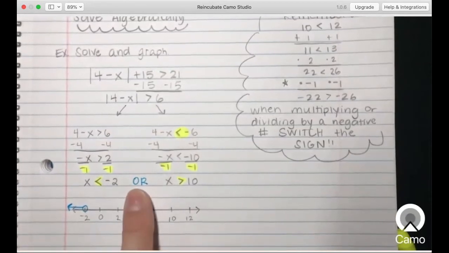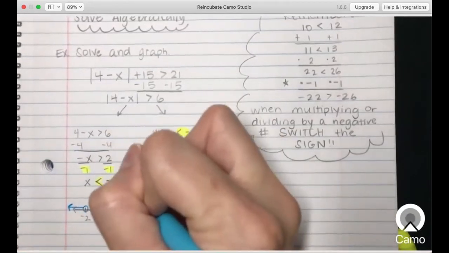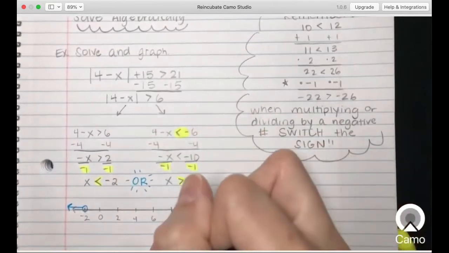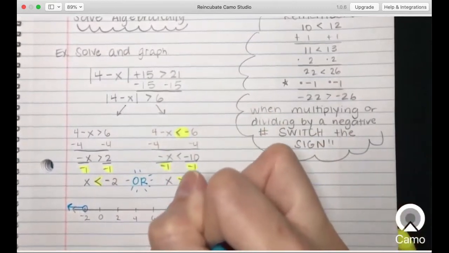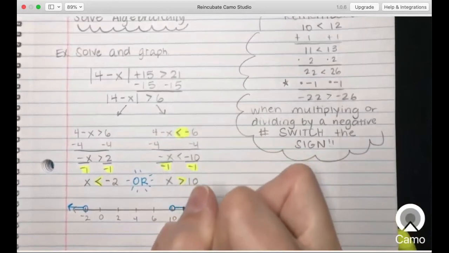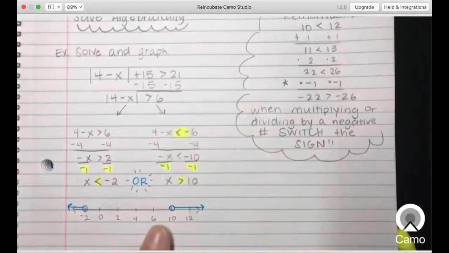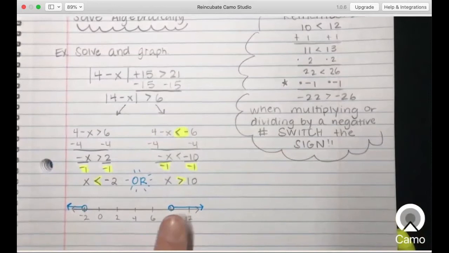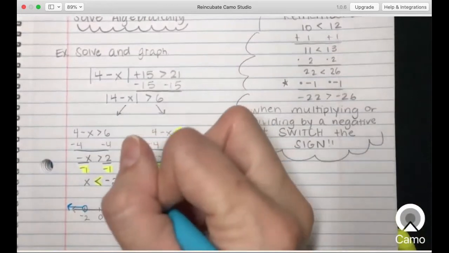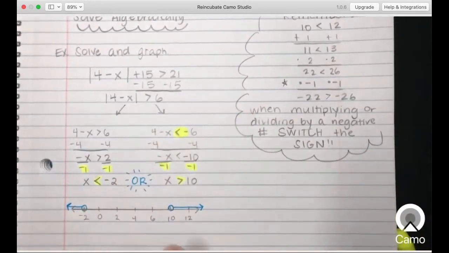Or, I should say, or we know that our numbers are non-inclusive to 10, and they can be greater than 10. So this is why, again, it looks like an or, because we can be over here, or we can be over here. We can't have a number satisfying both of these situations at the same time.